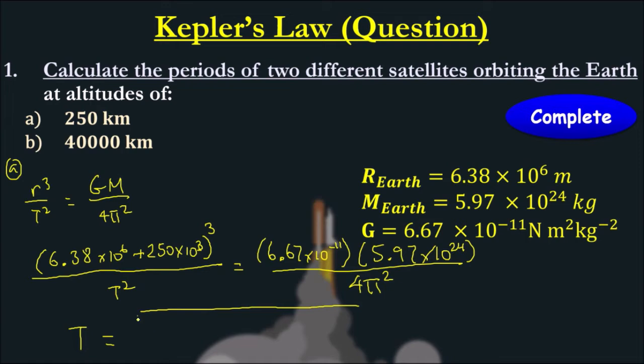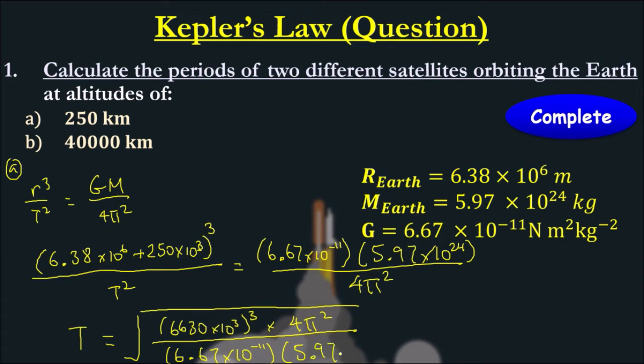So T becomes the square root of our radius cubed times 4 pi squared, over the gravitational constant times the mass of our planet. And that gives us a period of approximately 5,380 seconds. So that's how you do that.